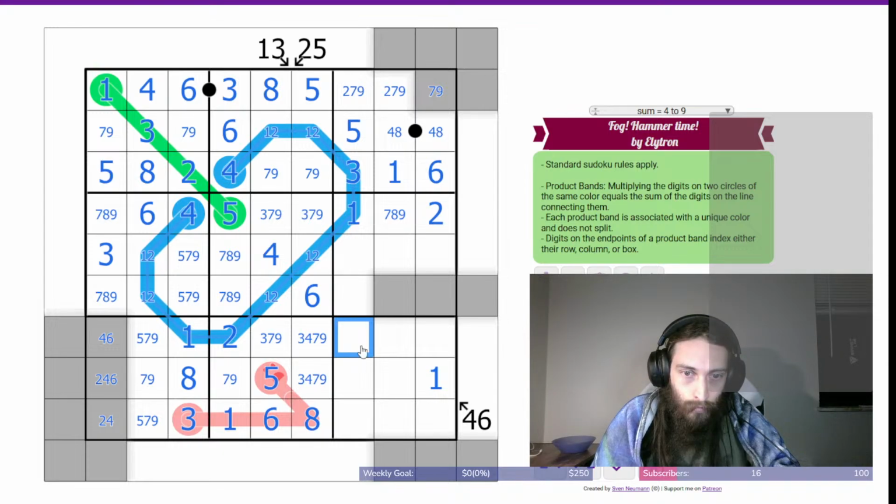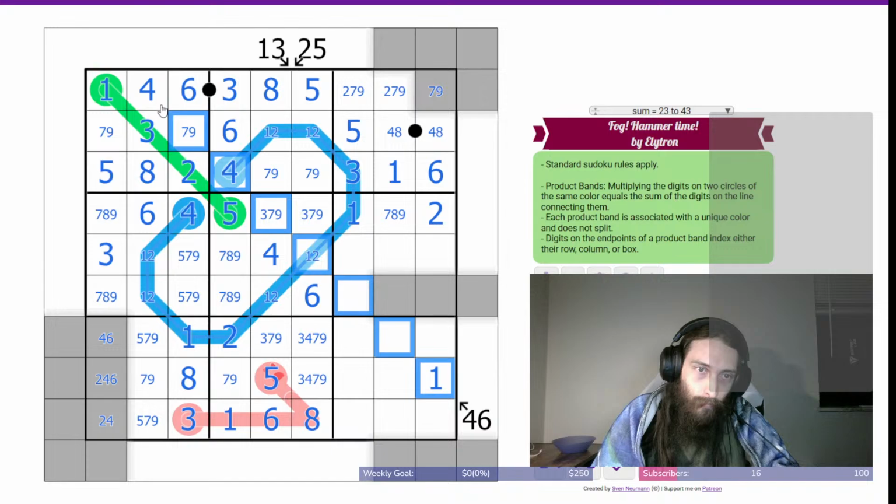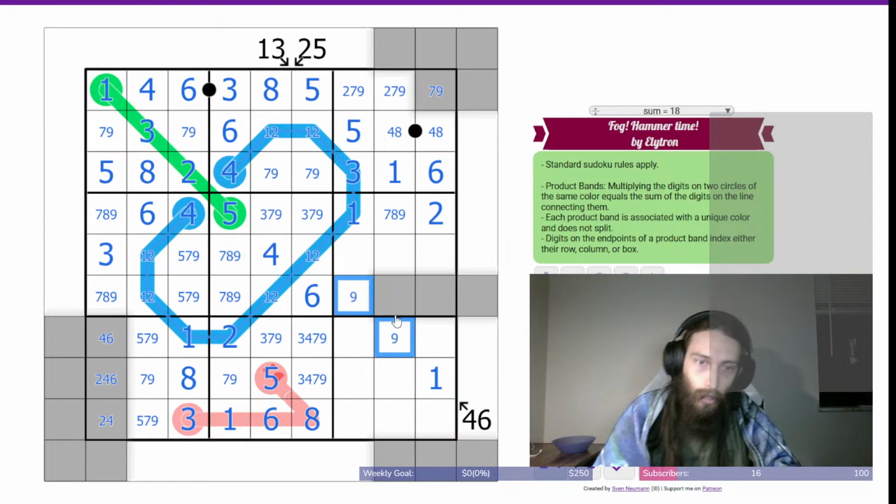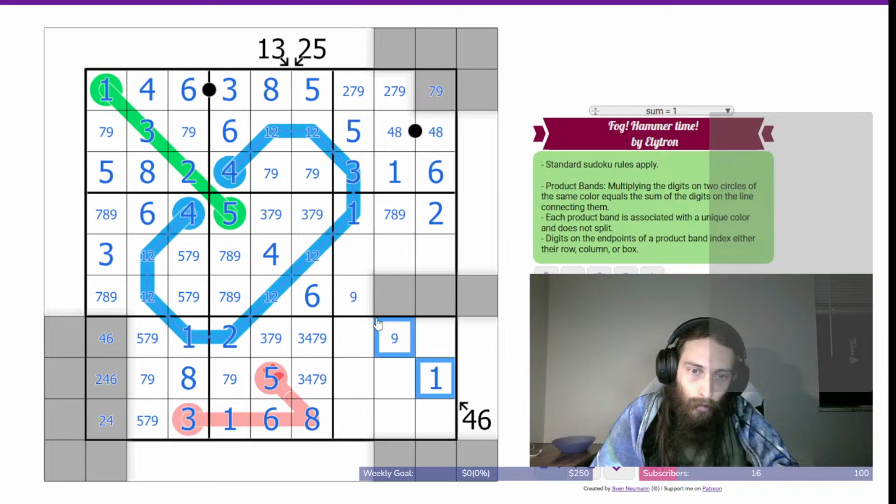46. According to that, maximizing everything would be 47. Because if I did a 9, so 1 plus 18 is 19, plus 2 is 21, plus 9 is 30, 34, plus another 4 would be 38, and another 9 would be 47.